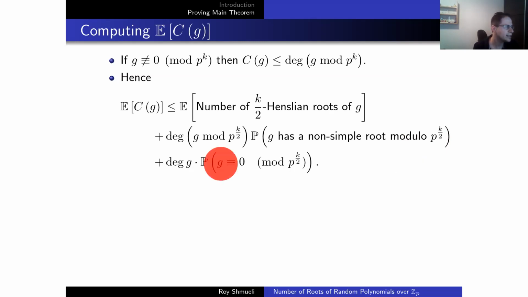And for the case that g is equal to 0 modulo p to the power of half k, I bound it with the degree of g.